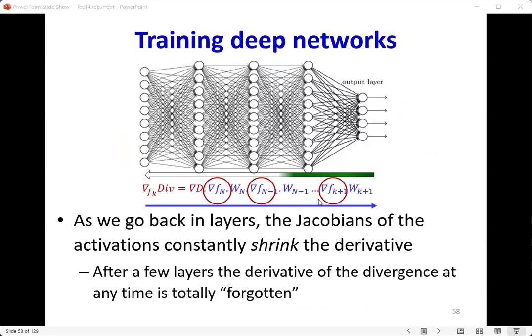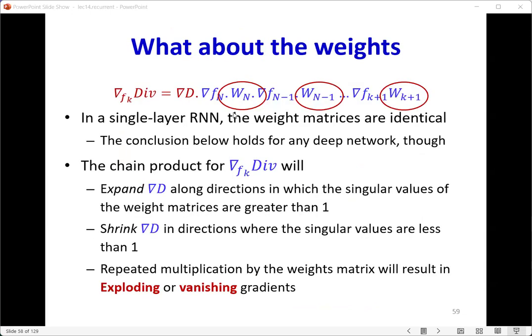Right. So what about these weight matrices? What happens when you multiply a vector with a matrix? It doesn't always get smaller. Each weight matrix is going to have a bunch of singular values and corresponding singular vectors.